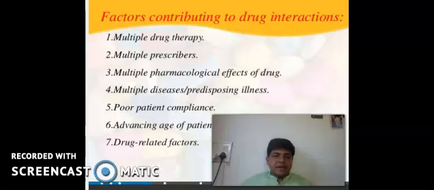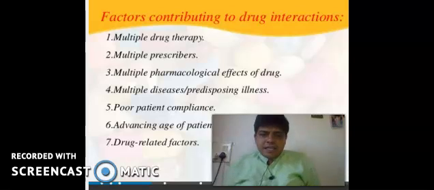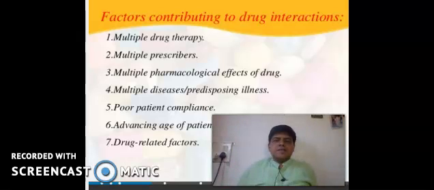Different factors contribute to drug interactions, like multiple drug therapy. We take multiple drugs at a time, like antihypertensive and antidiabetic drugs administered at the same time, so these factors contribute to drug interaction.